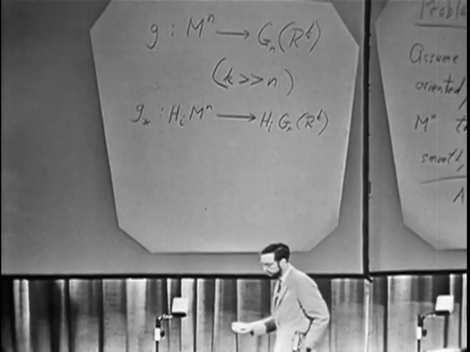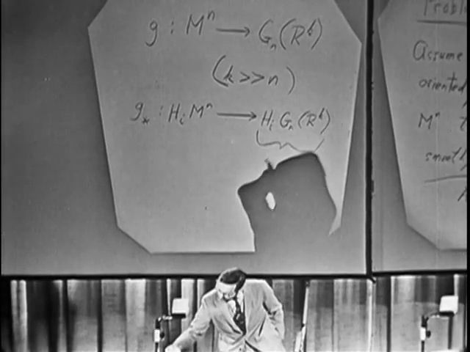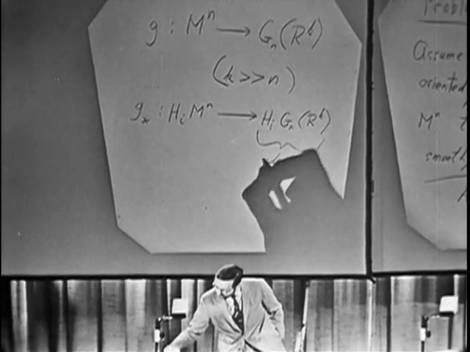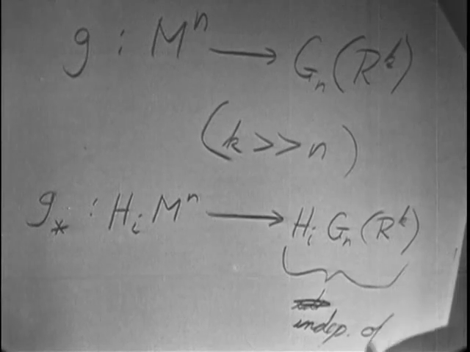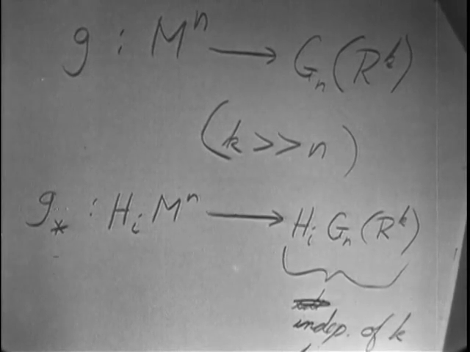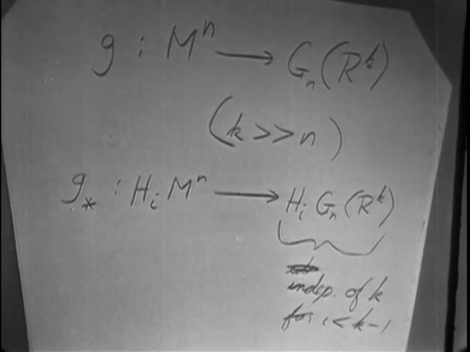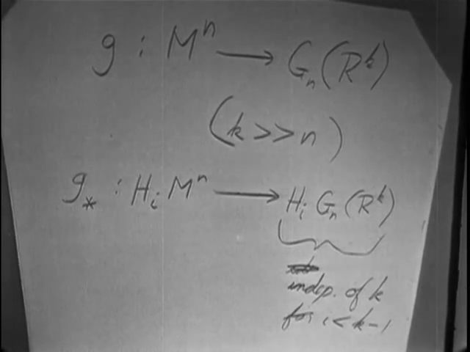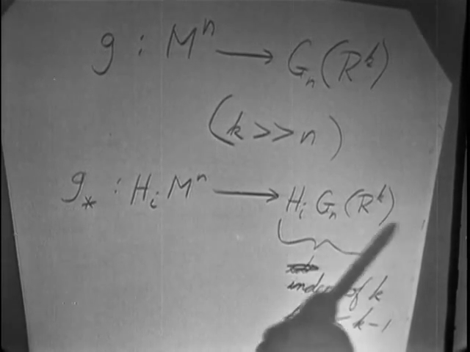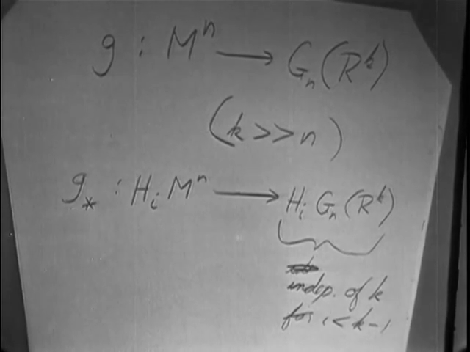And perhaps I can explain one thing I mean. This group is independent of K, providing that we look at K definitely larger than i. This is one example of what I mean by saying that in this space we don't really care what K is, as long as K is large.